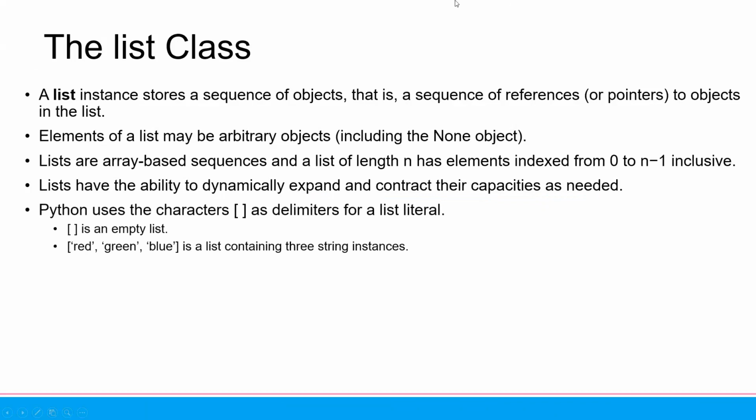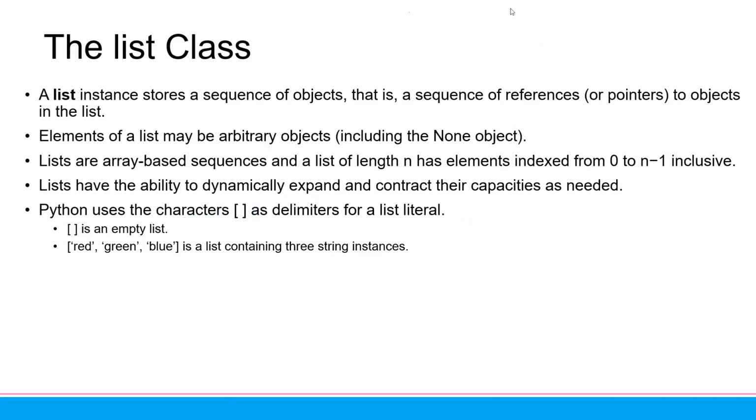Now you need to understand that when we use this kind of data structure, it applies different characters. When you are using lists, we have this square bracket. When we have this symbol, the square bracket, it means it is a list.